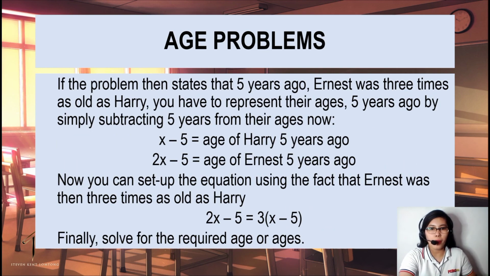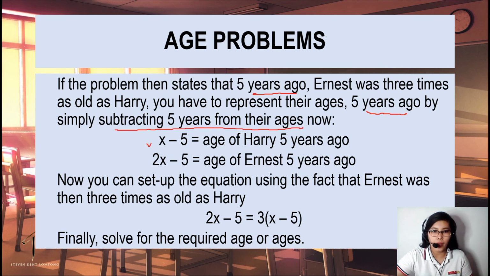Now, if the problem then states that 5 years ago, Ernest was 3 times as old as Harry, you have to represent their ages 5 years ago by simply subtracting 5 years from their ages now. Therefore, we will have x minus 5 as the age of Harry 5 years ago and 2x minus 5 as the age of Ernest 5 years ago.